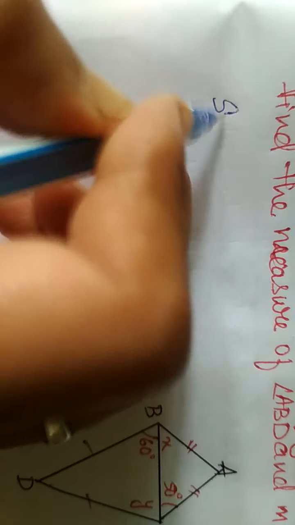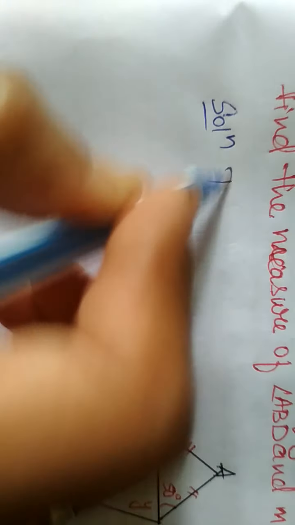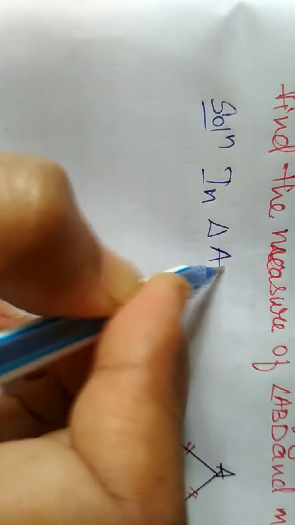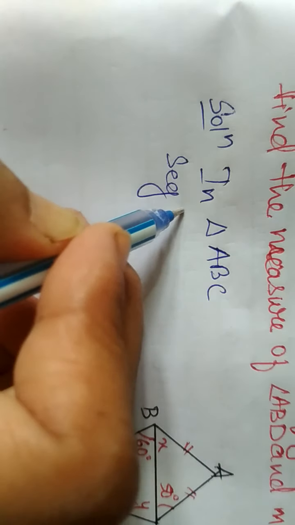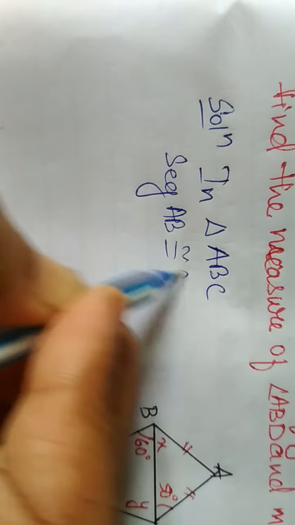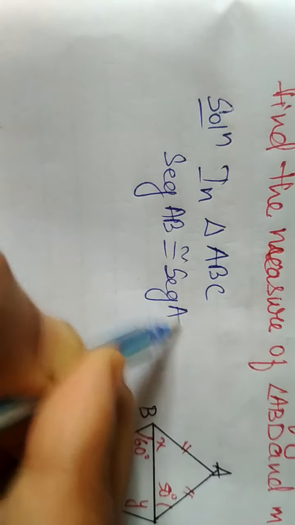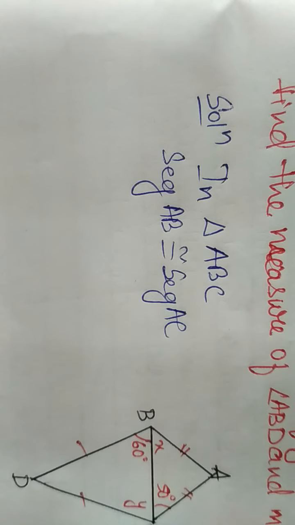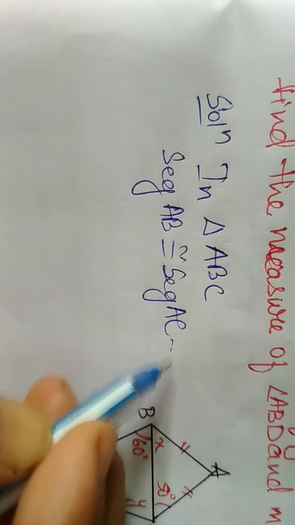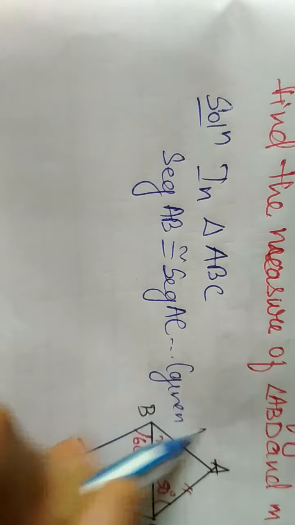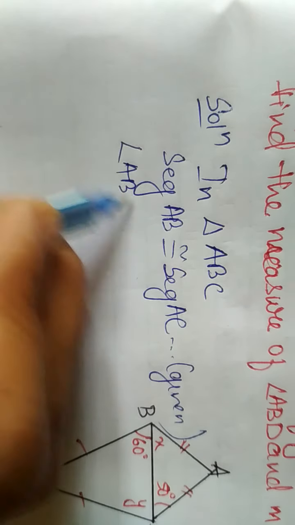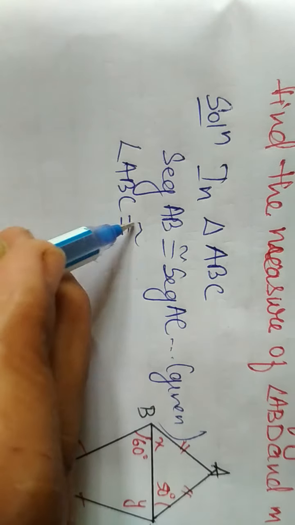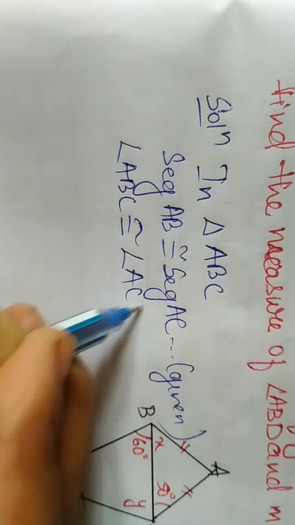In the solution, first we will take triangle ABC. In triangle ABC, what is given? Segment AB is congruent to segment AC. It is given. Next, angle ABC is congruent to angle ACB.